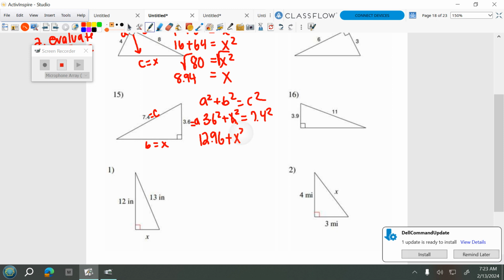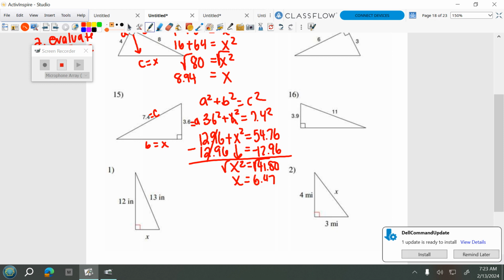This equals 54.76. Subtract 12.96 on both sides. X squared drops down, 41.80.